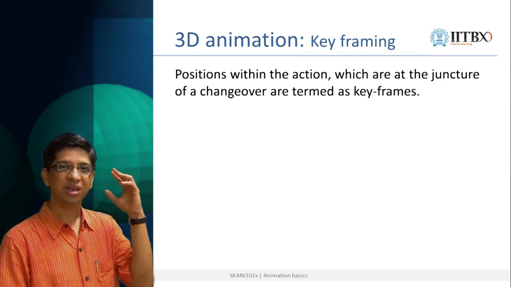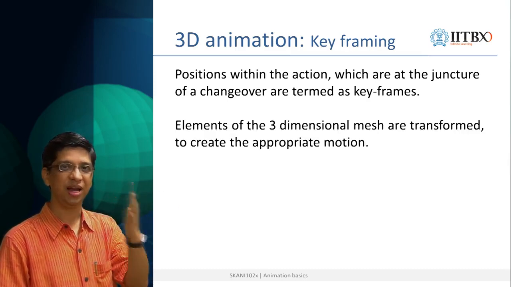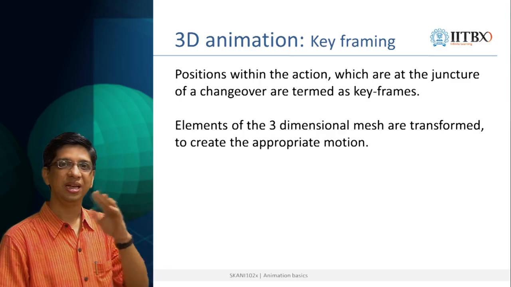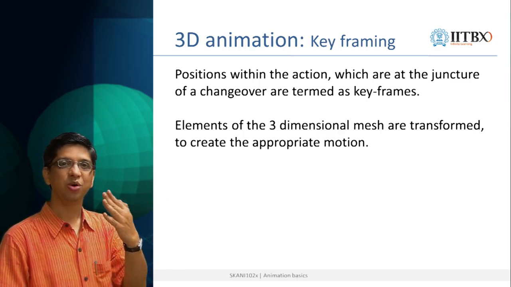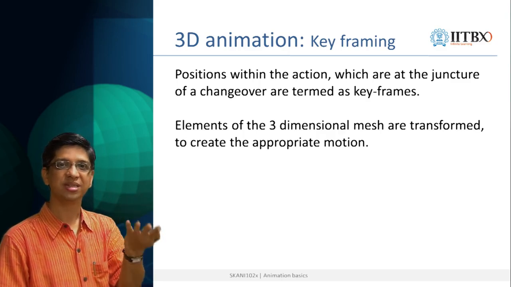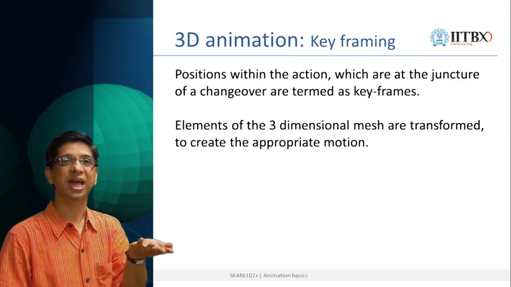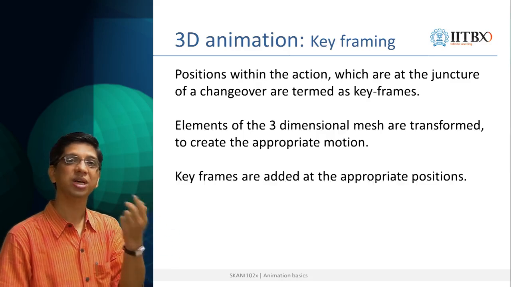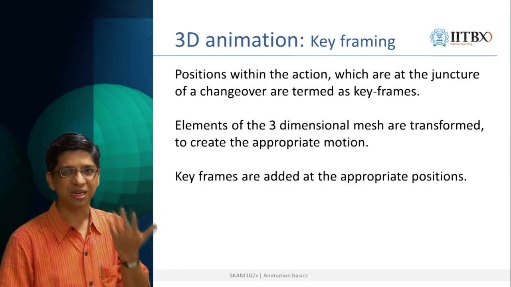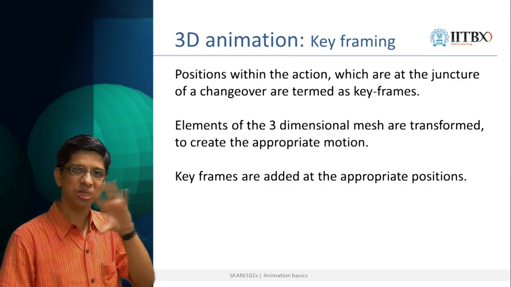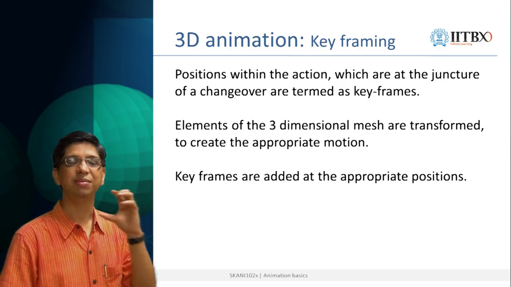So for example, if a person has to move the hand from here to here, then even if the motion is lateral, still whenever I am opening my hand and showing the other side of the hand, that also becomes a point where the changeover in the action is happening, therefore it is also a keyframe. So you can see that an action will have multiple keyframes and a combination of these keyframes will create the animation.